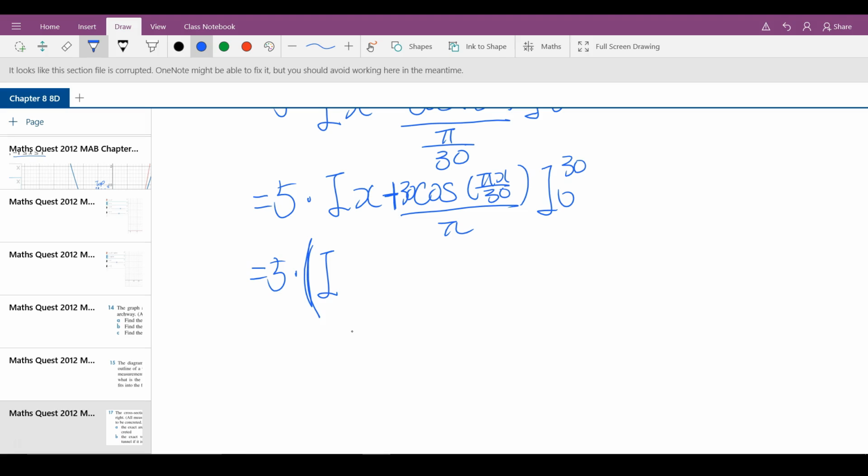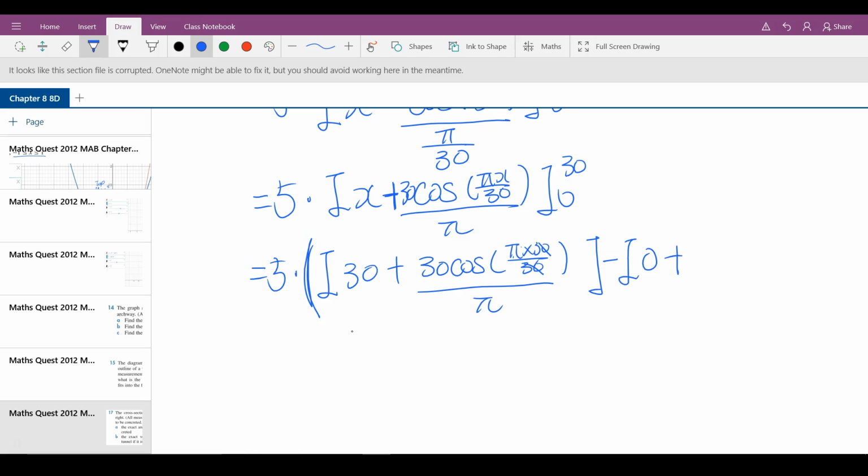That would be 30 plus 30 cos, pi multiplied by 30 over 30, and then that would just cancel, equal to just pi over pi, minus 0 plus 30 cos, not sine, cos pi over 30 multiplied by 0, all over pi.